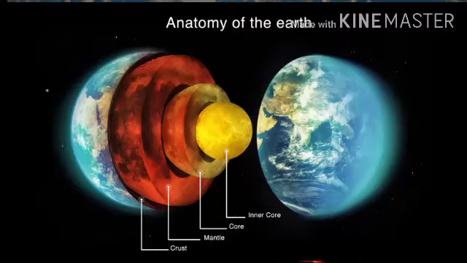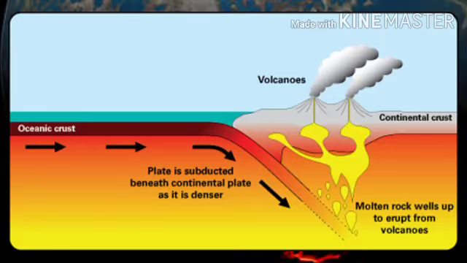Students, studying the interior and exterior structure of Earth provides us with a better understanding of Earth, and helps us understand earthquakes, volcanoes, plate tectonics, how the atmosphere formed, and to study Earth's magnetic field.